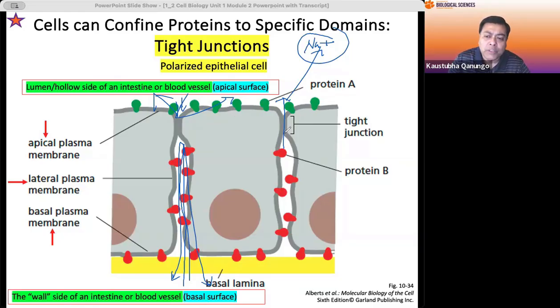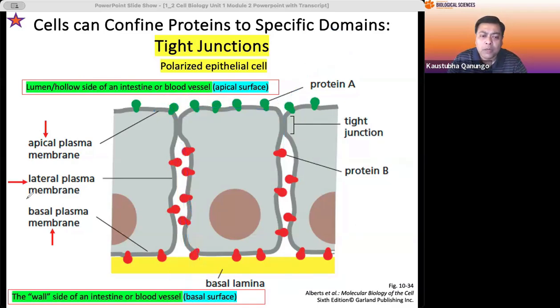And very interestingly, the apical surface of this has this green protein, and here you have the red protein, and the cell can confine specific proteins in specific domains. We are going to see in the next part, when you go into transport, that you have particular proteins in here, which are a different type of transporter compared to some of them which are in here. So very different compared to those. So we are going to see that.